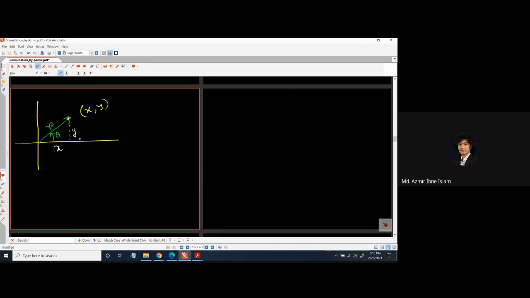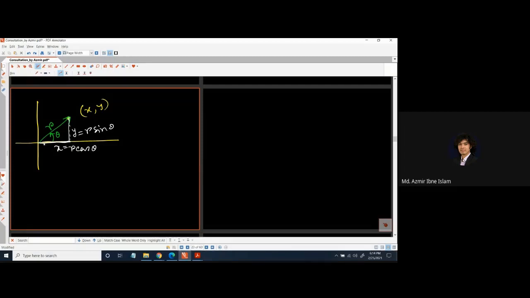So remember that this x can also be written as r cosine theta, and this y is r sine theta. That means we can easily generate some formulas from here. So the horizontal component, since we have the angle theta and the hypotenuse, and also this angle is 90 degrees, this is acting just like a right angle triangle.